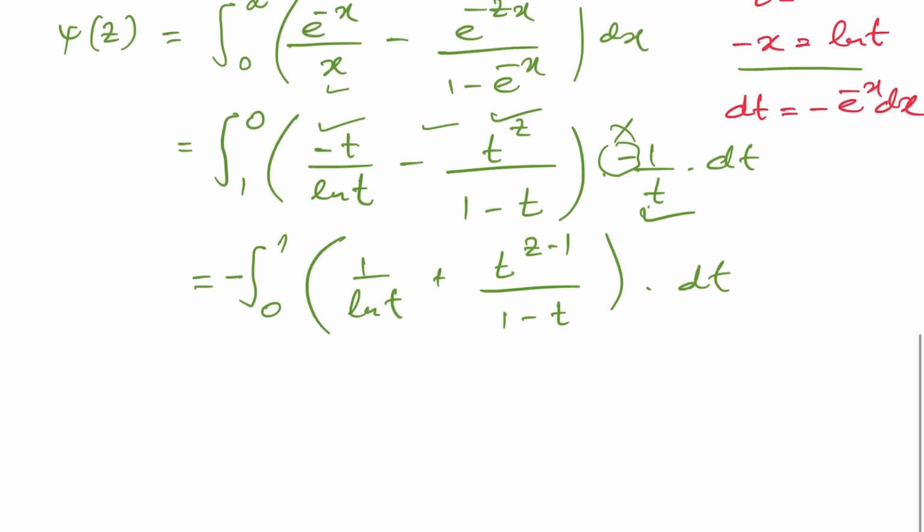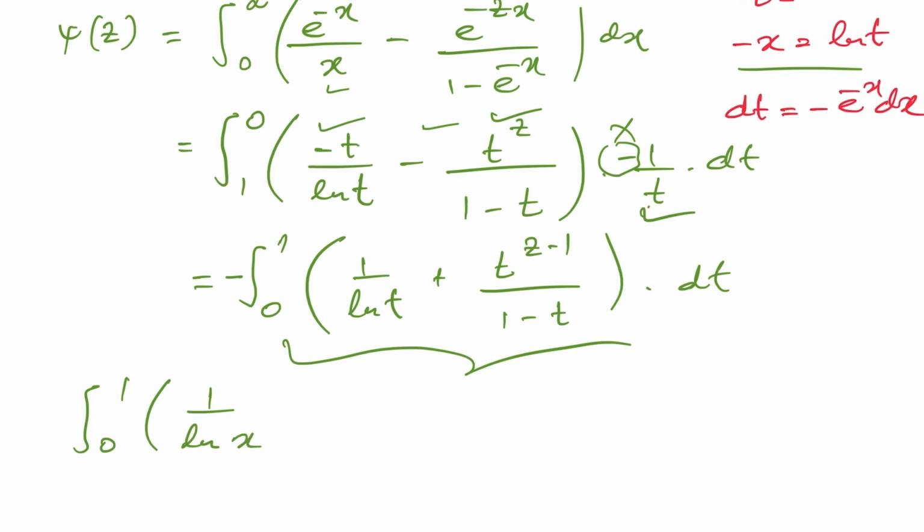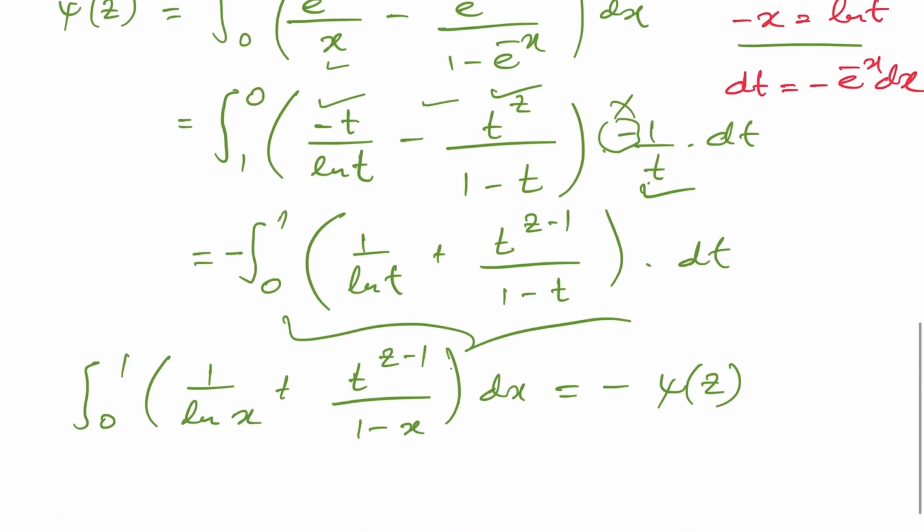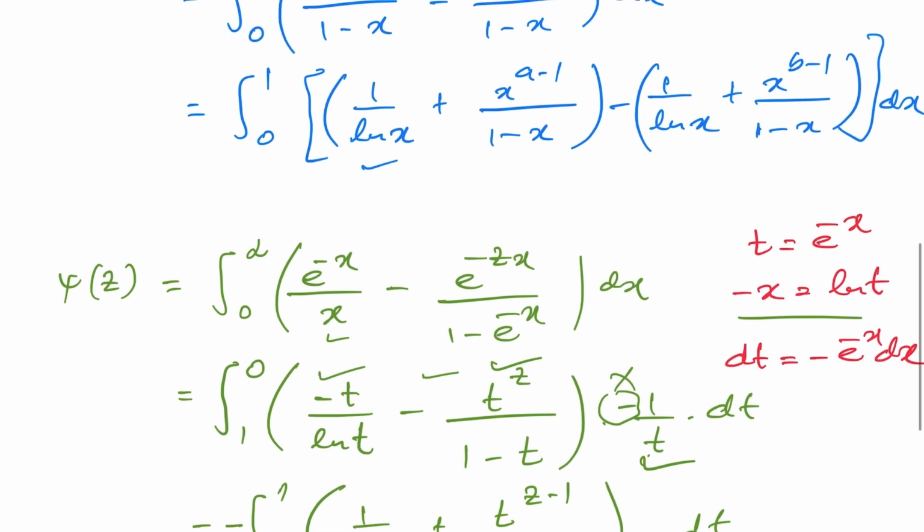Now we know this integral from 0 to 1 of 1 over natural log of x plus x to the c minus 1 over 1 minus x, dx is equal to minus digamma of c. Therefore for this type of integral we can write digamma of b minus digamma of a.